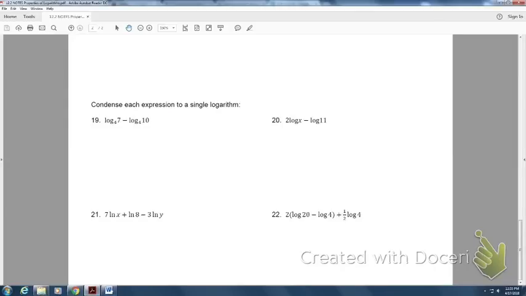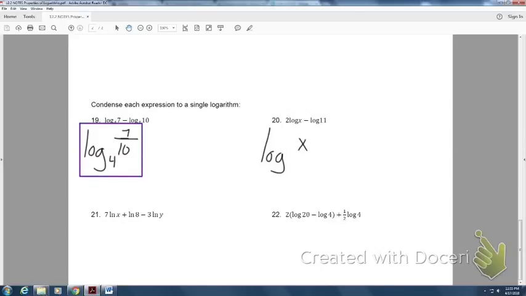Here is the answer to 19. Log base 4 of 7 over 10. If you put log base 4 of 0.7, that's the same thing. Here's the answer to 20. Log x squared over 11.